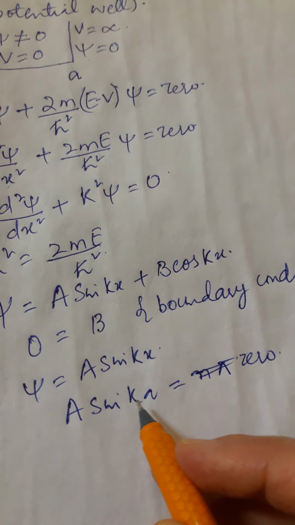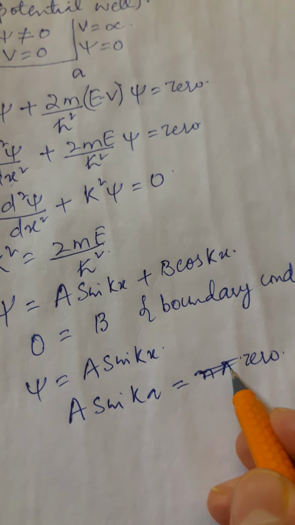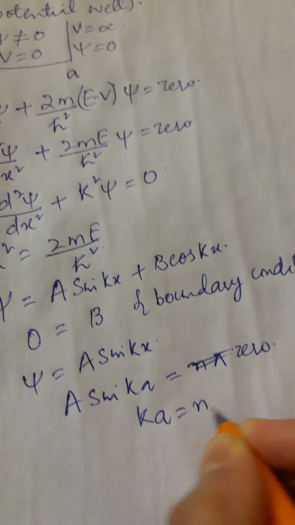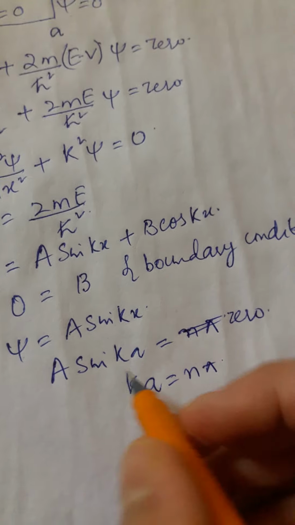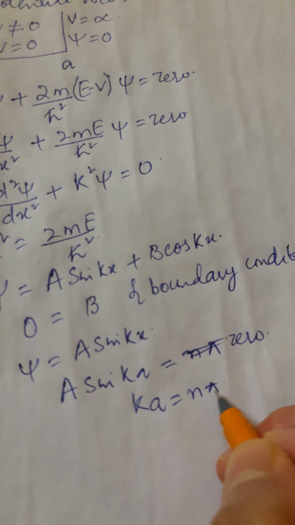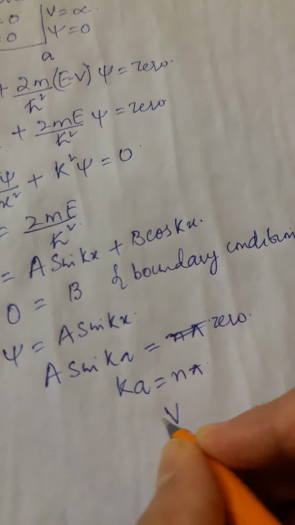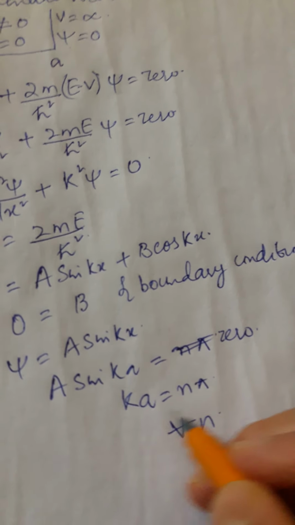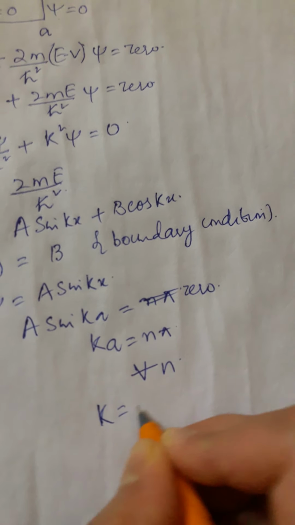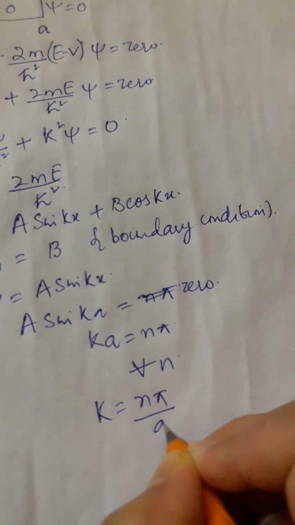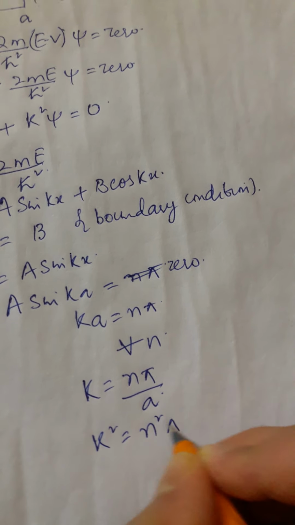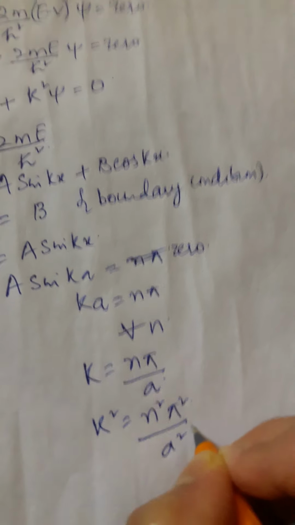If this is 0, that implies that this ka has to be equal to n pi. We know that sine vanishes for all n pi. So for all n, sin of n pi is 0. So ka is equal to n pi. So this k is equal to n pi by a, or k square is equal to n square pi square by a square.